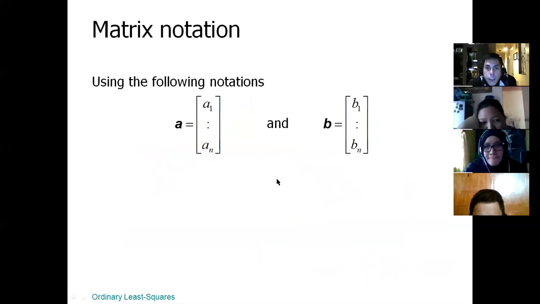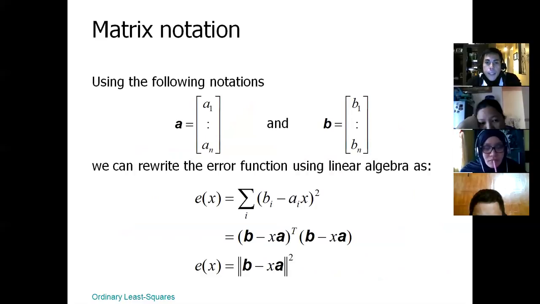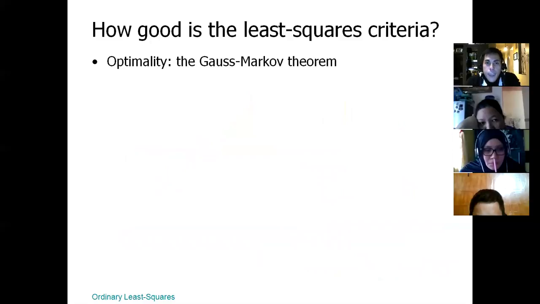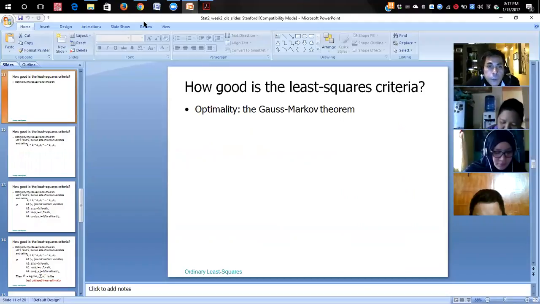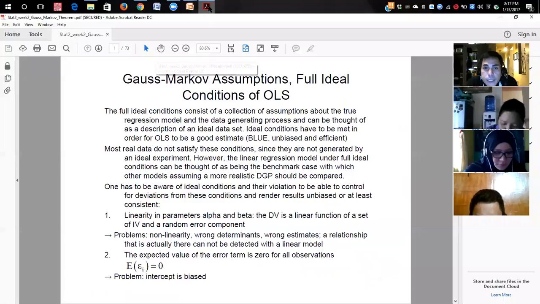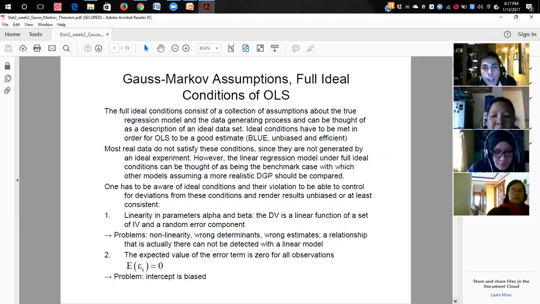Now, these are really complex mathematical notations, but I have prepared some explanations of this, and that is the Gauss-Markov Theorem. I will send this to you all. It's actually a 73-page reading, but the first 2 pages are the most important because they have the full ideal conditions of ordinary least squares according to the Gauss-Markov assumptions.